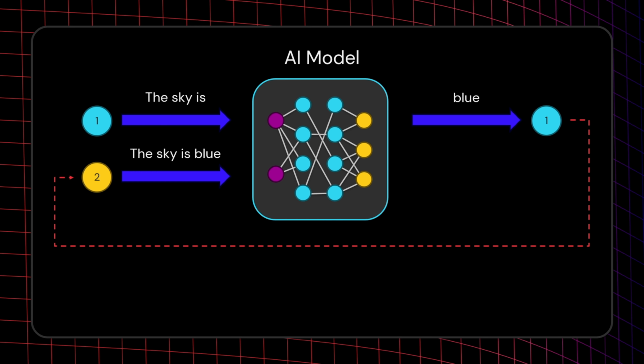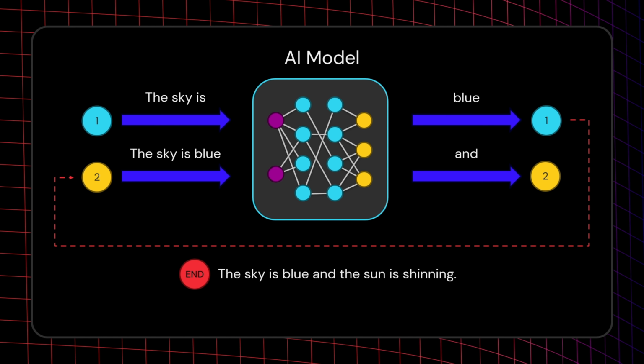Then we aggregate "blue" into the rest of the list of tokens that compose the input, and we give it back again, and we iterate this until the model decides that the sentence is completed. So in this case, we would have "the sky is blue and the sun is shining."